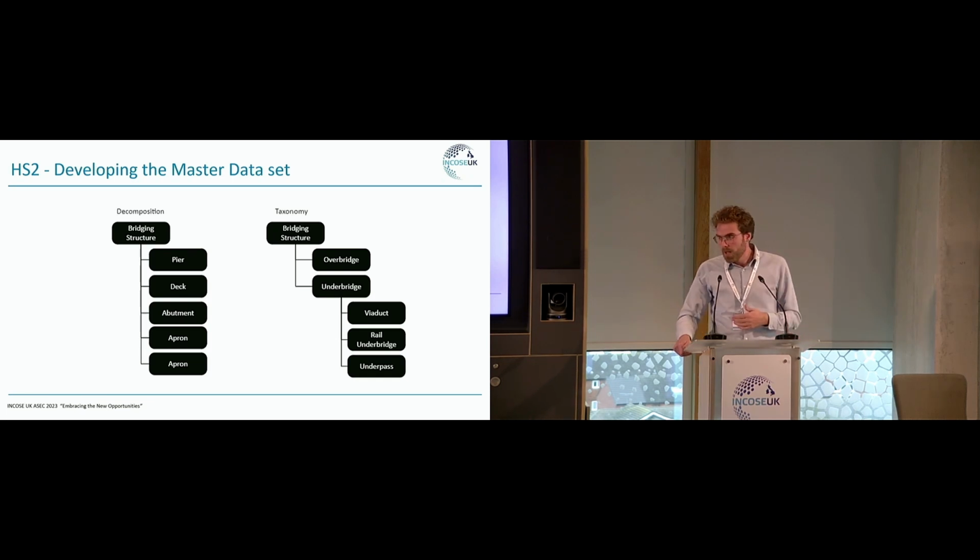The next step, to increase the efficiency of the work we're doing, was that we introduced a taxonomy, a specialization tree, where we said, okay, you have a bridging structure, and a type of bridging structure can be an overbridge or underbridge. Underbridge can be viaducts, real underbridge or underpass.